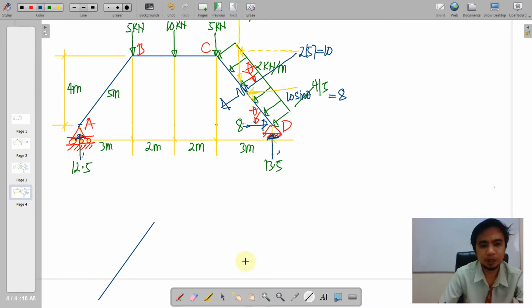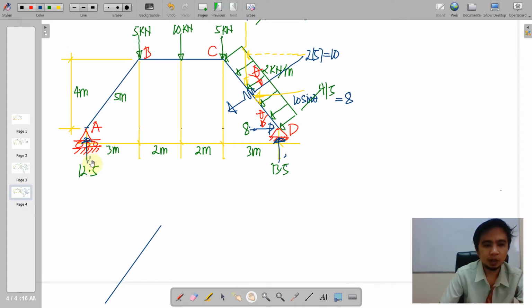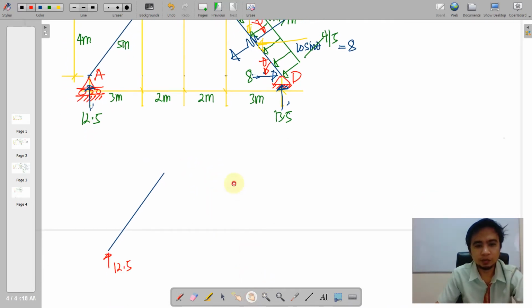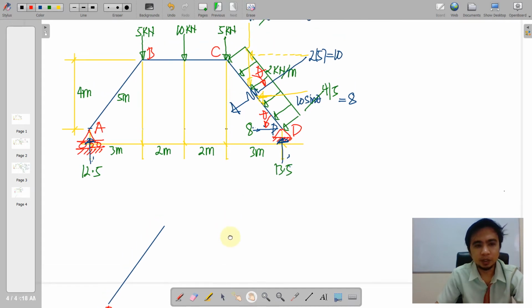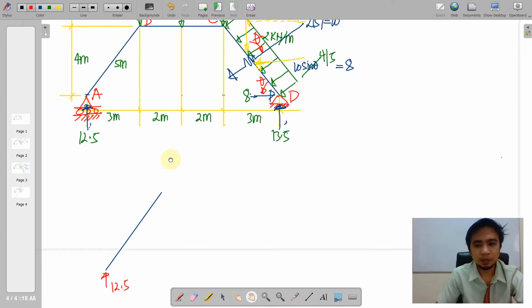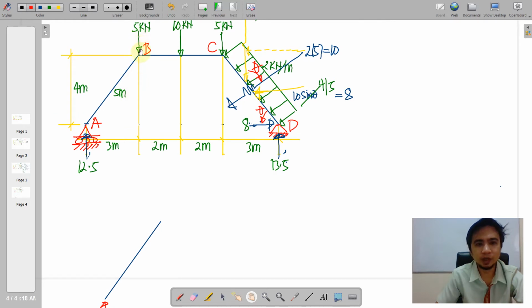So first we label our external force. So the external force along AB is obviously, first we have 12.5, and then another force. You might think that 5 kilonewton could be included here along AB, but we must be very careful on that, considering 5 here cannot be, or will be having a double loading if we consider it along AB and BC as well.